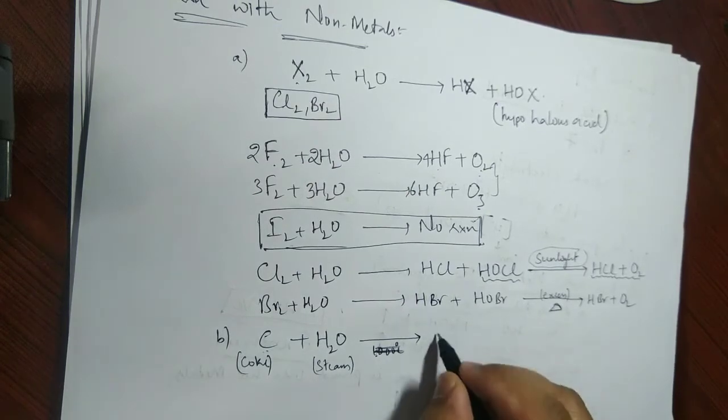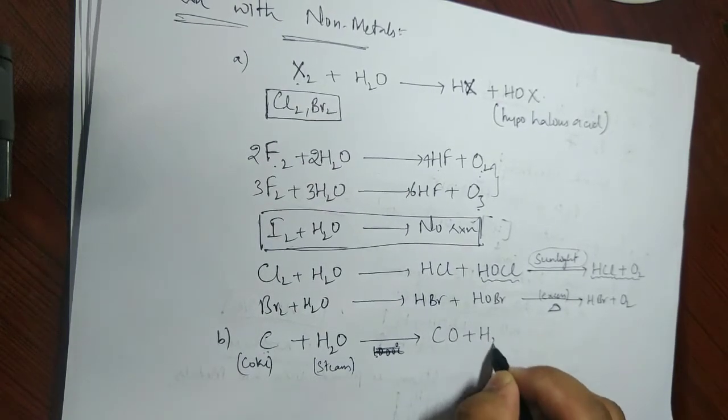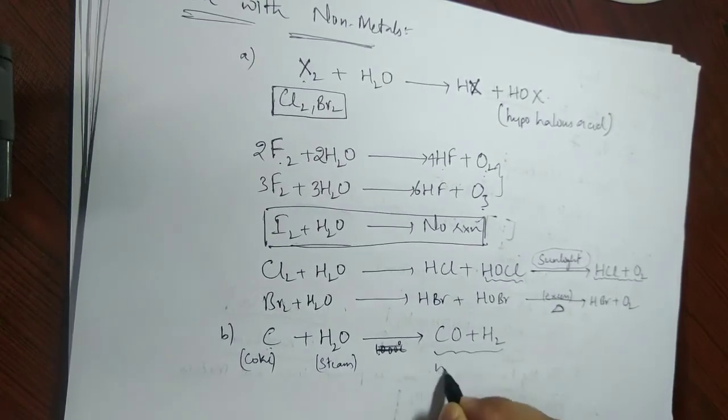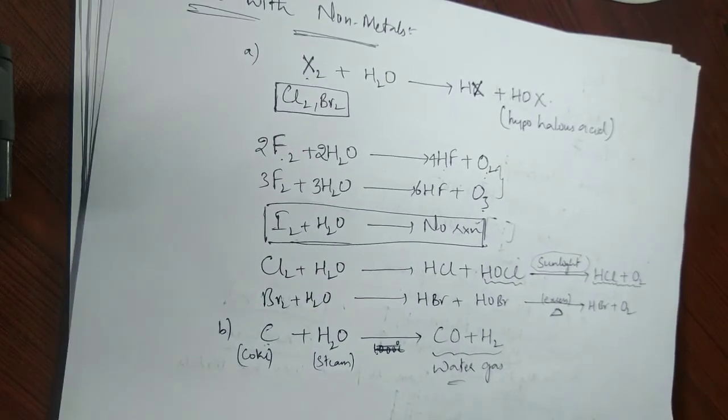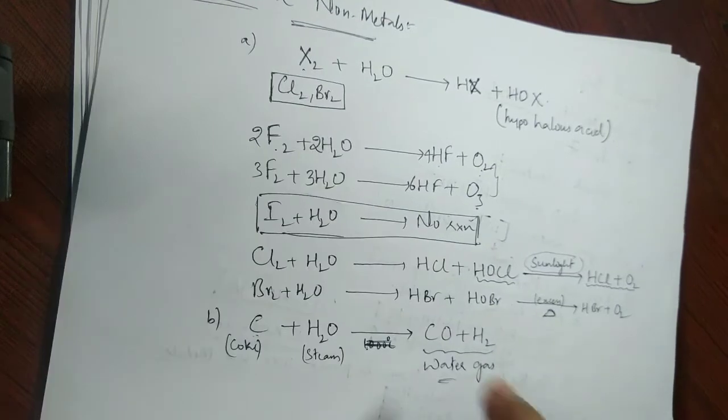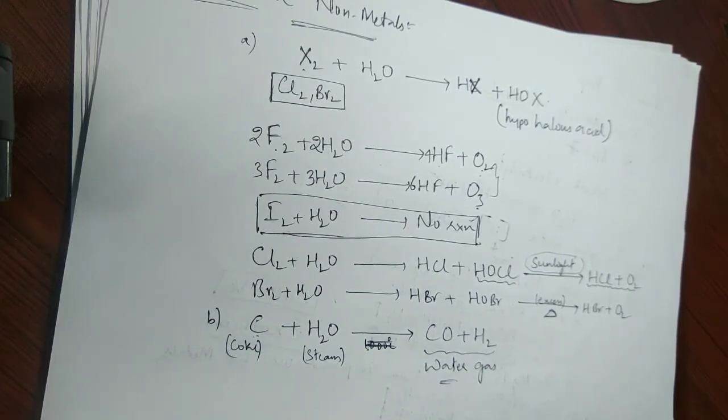What is the name of this one? Remember, water gas, the preparation of water gas. Coke, steam, CO plus H2. At very high temperatures we find carbon monoxide with hydrogen gas, and we call it water gas.